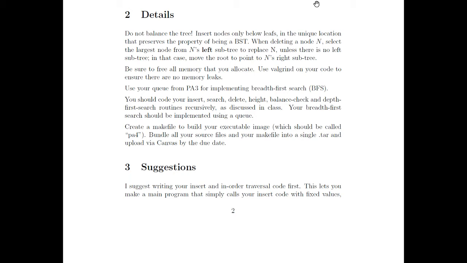Okay, initialization is just setting the root equal to null. So you don't even need a separate routine for that, but you can make one if you want. Root equals a nit, and a nit just returns null. But the first pieces of code are going to be inserting into the tree and doing the in-order traversal.